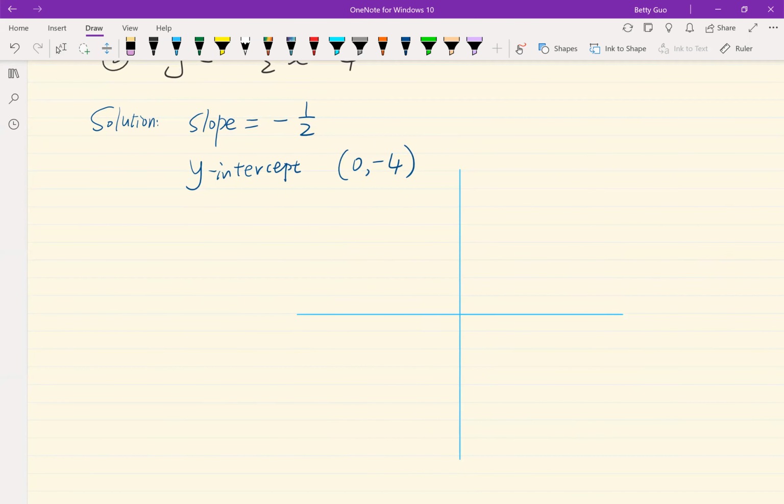Can you tell me where is the y-intercept? Going up or going down? Going down 4 units, right? 1, 2, 3, 4. This is the y-intercept. What's the second step? Second step, you're gonna find your rise and run, right? And tell me what is your rise and run?